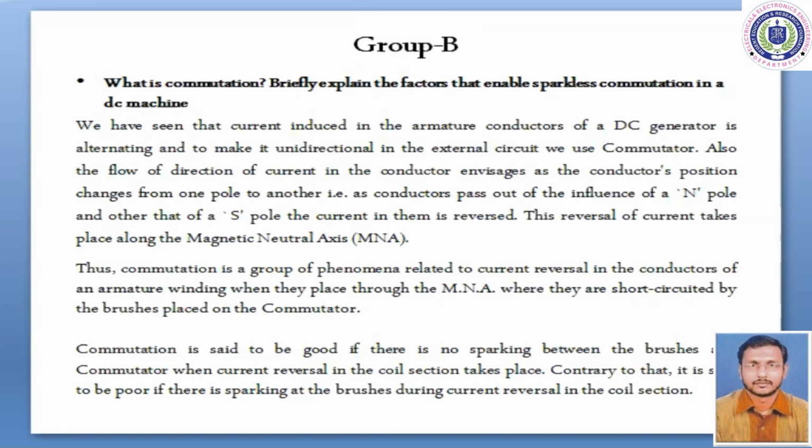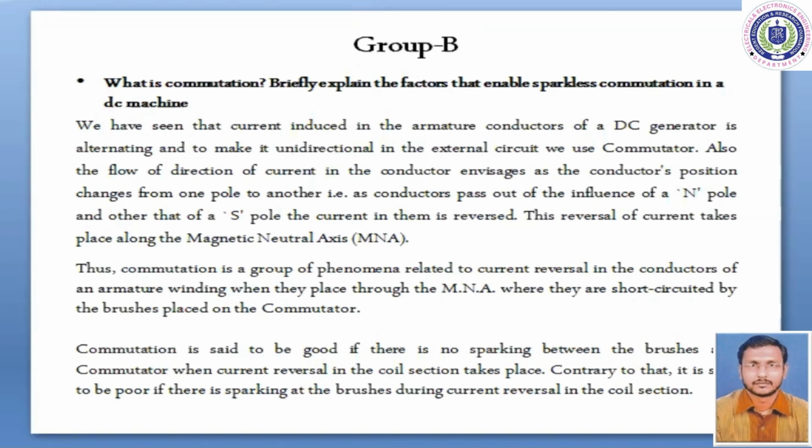Commutation is a process of producing a unidirectional or direct current from the alternating current generated in the armature coils. The currents generated in the armature conductors of a DC generator are alternating.